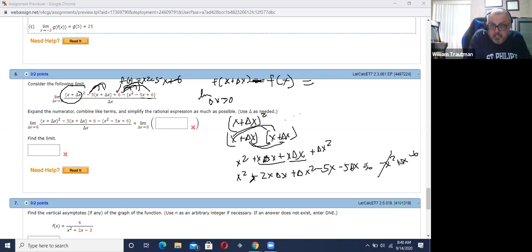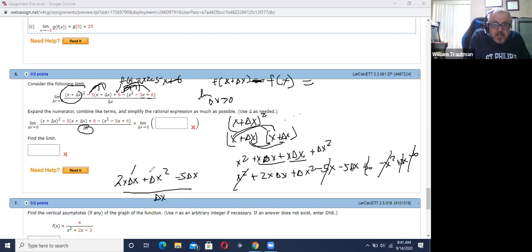If you look, negative 5x and plus 5x cancel, positive 6 and negative 6 cancel, and we are left with 2x change of x plus change of x squared minus 5 change of x. And then all that's divided by change of x.